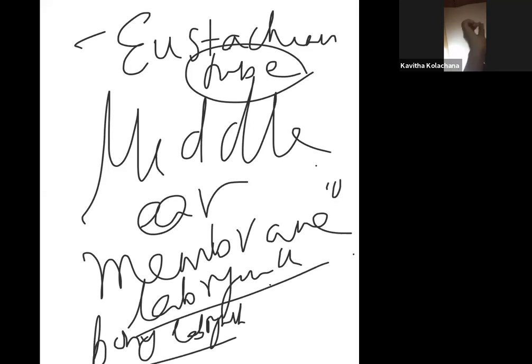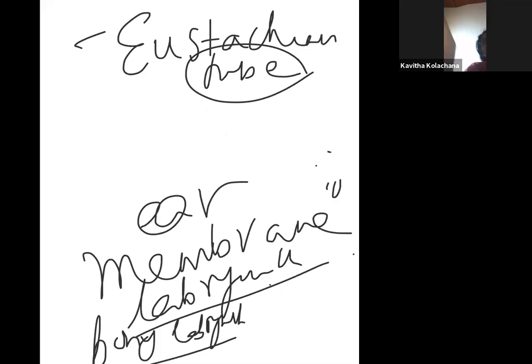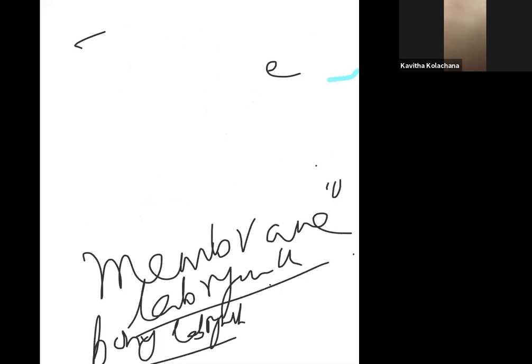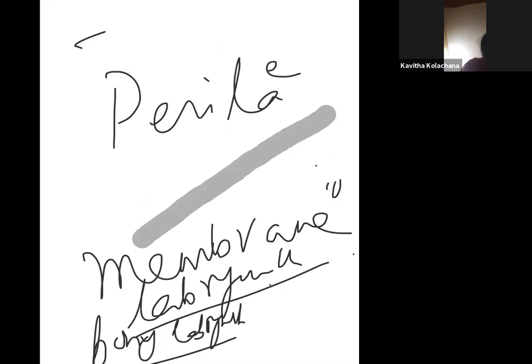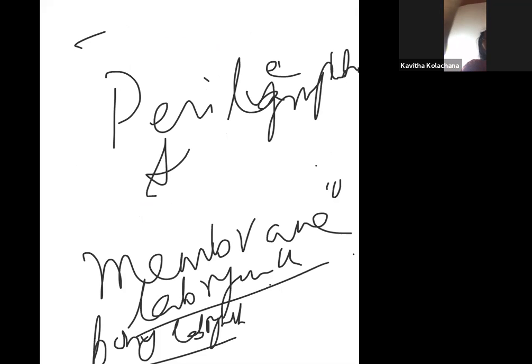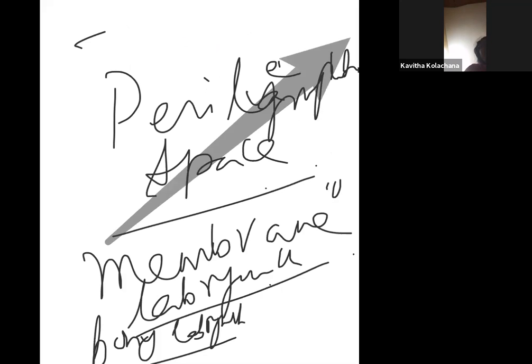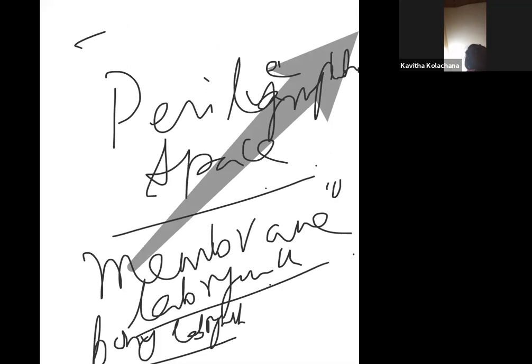At that common point there is a small space we call the perilymphatic space. The space between the membranous labyrinth and the bony labyrinth is the perilymphatic space. It consists of a watery fluid, like the watery kind of fluid you feel in wax before it solidifies.